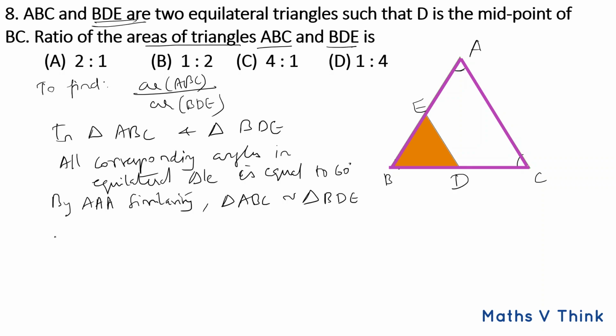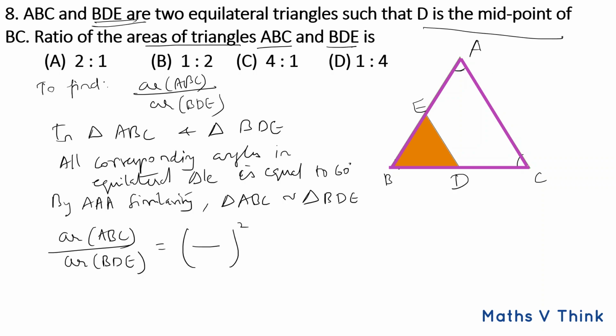So by the theorem of the areas of similar triangles, that is area of ABC divided by area of BDE is equal to square of the ratio of their corresponding sides. Here in the question they gave D is the midpoint. So this will be equal to this. So we'll be taking side BC and BD.